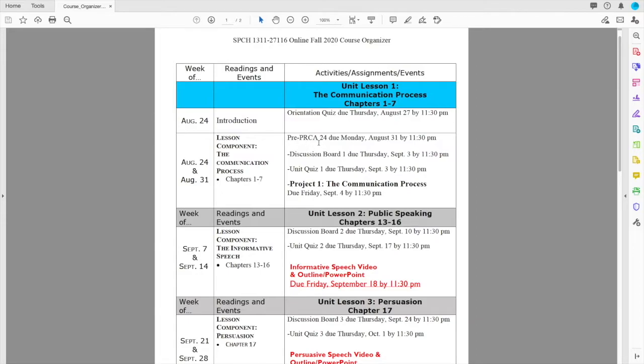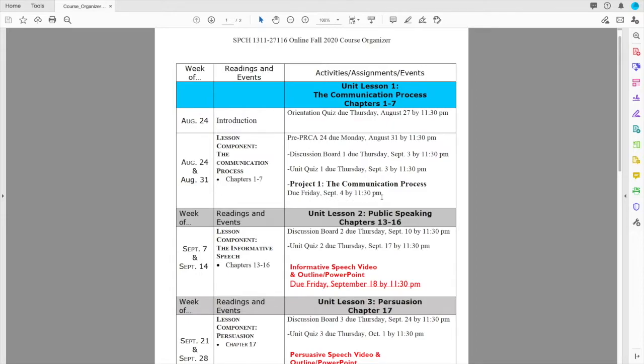So the pre-PRCA is due on Monday, August 31st by 11:30 p.m. Discussion Board 1 is due Thursday, September 3rd by 11:30 p.m. Unit Quiz 1 is due Thursday, September 3rd by 11:30 p.m. So you have these two assignments due on the same day, the same time.